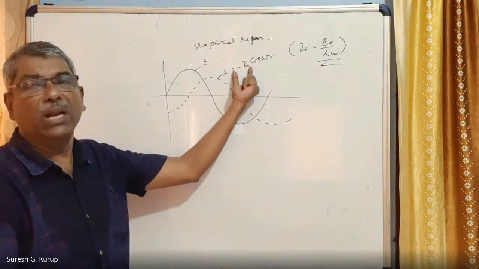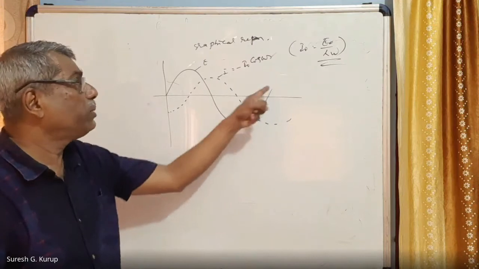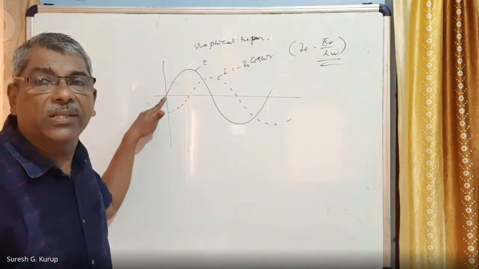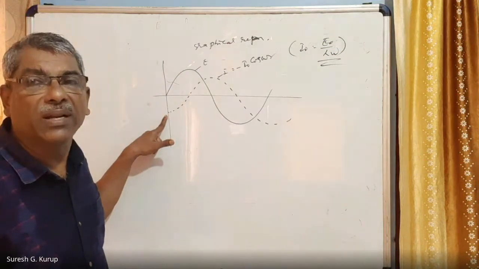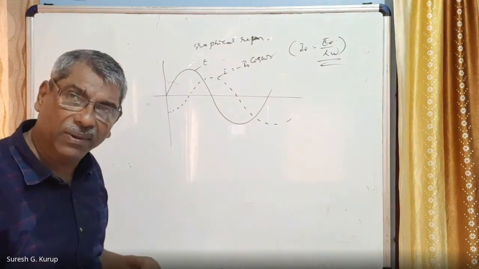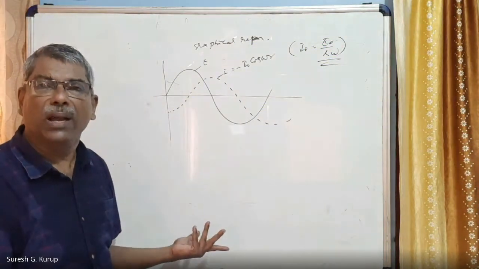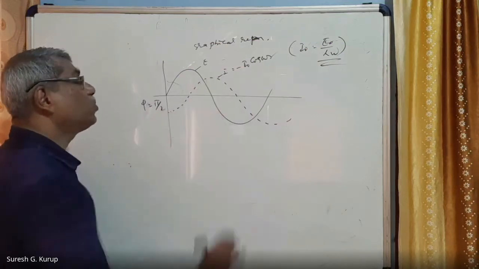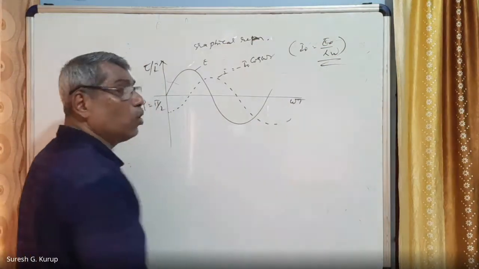That is why, when EMF is 0, the current is negative; the current is at negative maximum. 0 is greater than negative. Am I correct? That means the EMF is ahead of the current by an angle pi by 2. So this phase difference phi is equal to pi by 2, you will write. This is the phase between E and I, and this is omega t. Omega t means theta.